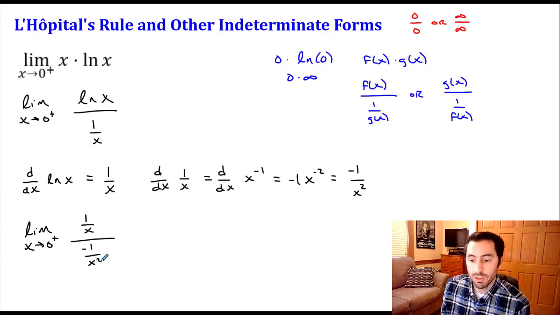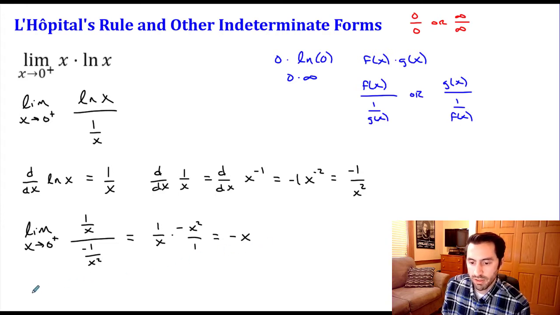So now let's do a little bit of simplifying with this before we try to evaluate. So 1 over x, dividing by a fraction is the same as multiplying by the reciprocal, so negative x squared over 1. And here we can see that we have some x's that are going to simplify. So you have 1 on top and bottom that will cancel out. So I'm going to be left with a negative x.